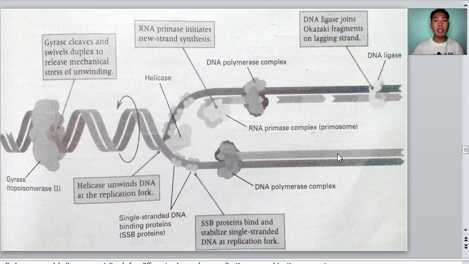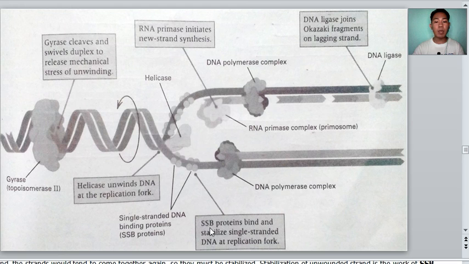Further, once unwound, the strands would tend to come together again so they must be stabilized. And stabilization of unwound strands is the work of the SSB, or the single-stranded DNA binding protein. And in the illustration, here are the SSB proteins.